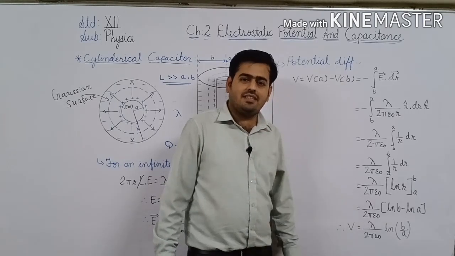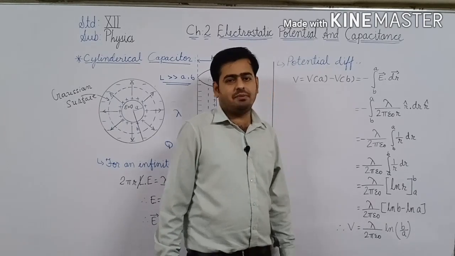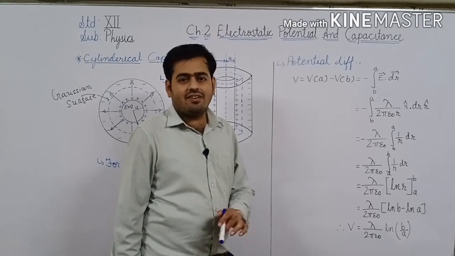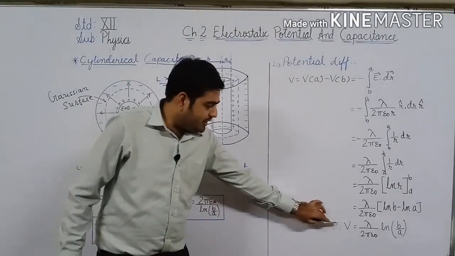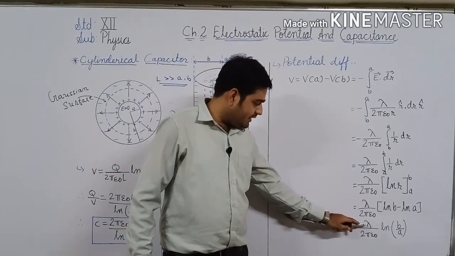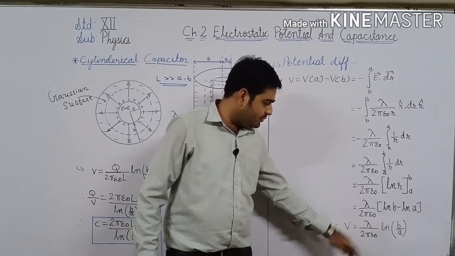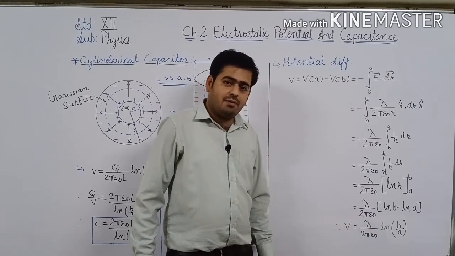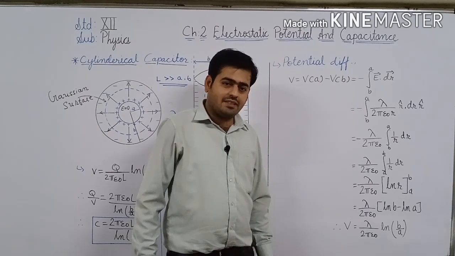Once the potential difference is available, we can find capacitance. What is the formula of capacitance? C is equal to Q by V. The formula of potential difference between two cylindrical conductors is lambda upon 2 pi epsilon naught into ln b by a. Potential difference is available to us and we are interested in capacitance.